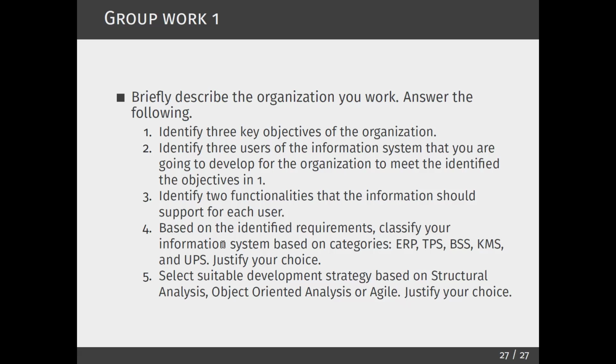So once I put you into groups, I will ask what organization you are going to think of developing an information system for. Then identify 3 key objectives. For example, in SLTC, one of the objectives is to provide you the research culture within the university. So that is one, right?